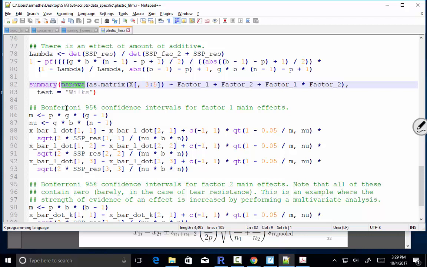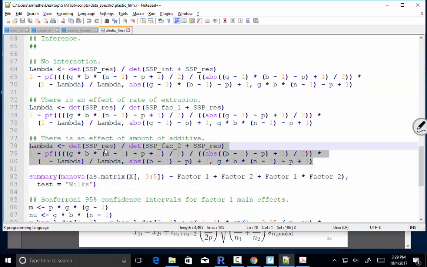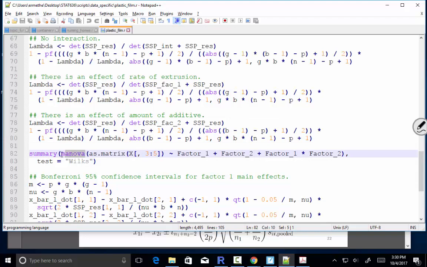I think it's good practice, as you're learning about this stuff for the first time, to take a crack at computing the statistics and p-values manually, and then computing it using a built-in function and making sure you can match. That's a good exercise. So there is a function called MANOVA that can do this MANOVA stuff for you. But I've also given you code that does it manually.